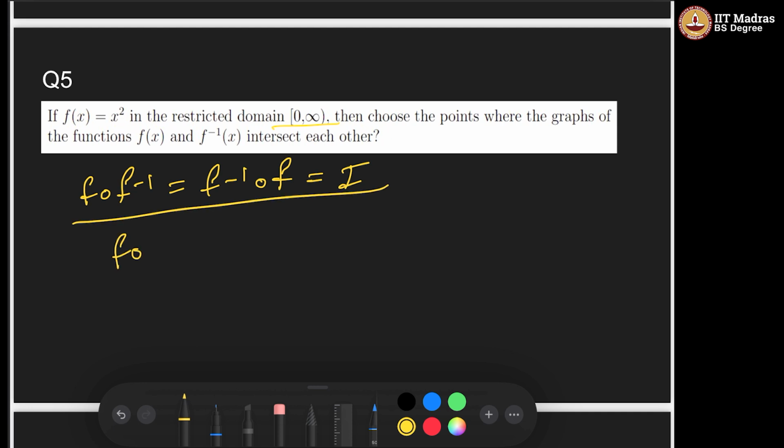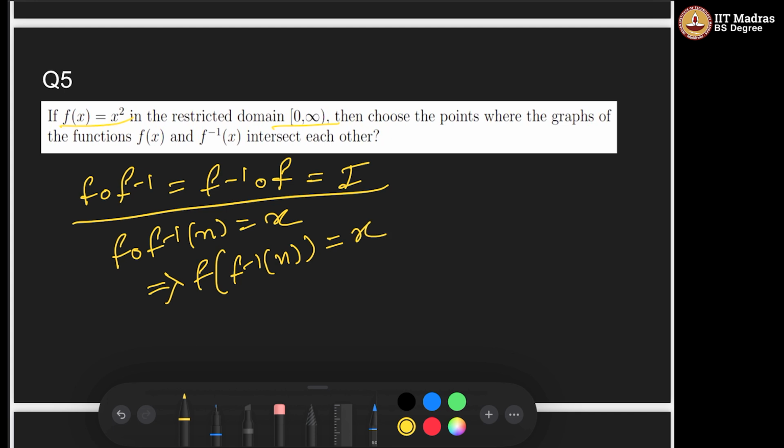So f compose f inverse of x equals identity of x, which means again x. So f of f inverse x equals x, and we have f of x equals x squared. That means f of f inverse x, which is f inverse x to the power 2, equals x.